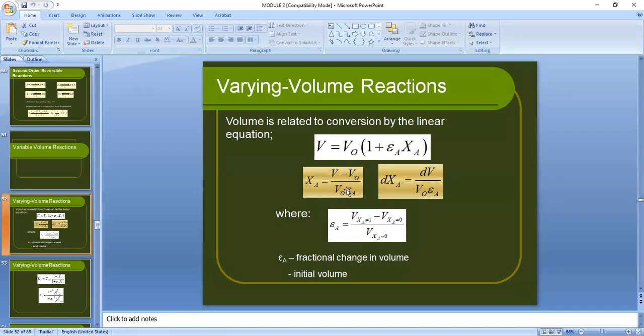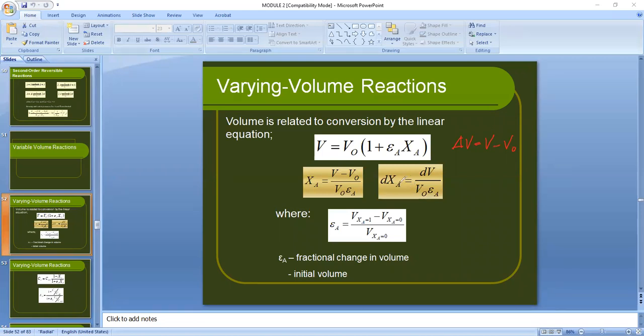The other two equations that you're seeing here, XA and the differentiated form, are all derived from the equation above. So if you already have this in mind, then you have memorized this. There's no need for you to memorize XA being equal to V minus V sub O over V sub O epsilon A. Although this V minus V sub O is actually your change in the volume, which is the final volume minus the initial volume of your system.